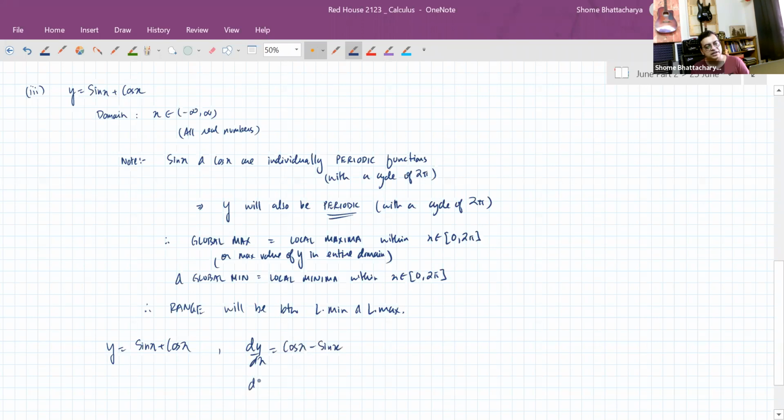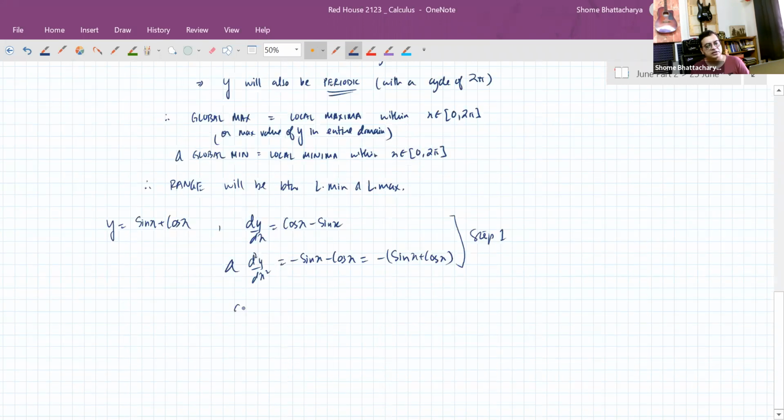Second derivative is minus sin x minus cos x. So this is our step one. Then put dy by dx equal to 0. Step 2, for critical points.